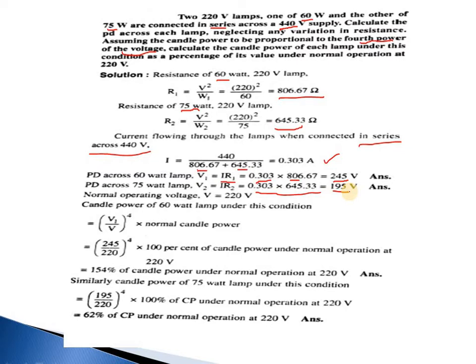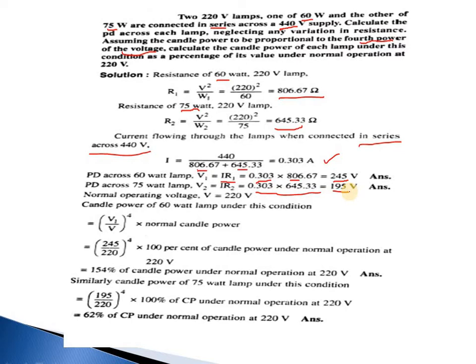So at normal operating voltage, for both lamps, it is 220 volt. And it is given, assuming the candle power to be proportional to the fourth power of the voltage. So normal voltage is 220, but in this case we are getting 245 volts for the 60 watt lamp and 195 for the 75 watt lamp.